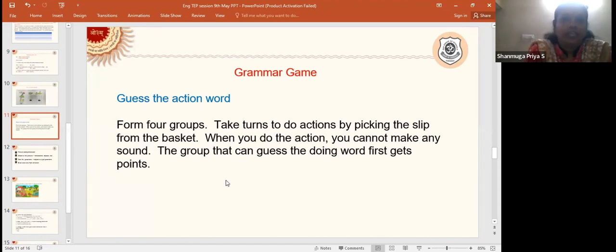This is another game which would be interesting for the children. Hardly, these games will take only 5 minutes maximum. So we can quickly do it, at least thrice a week we can conduct different games and activities like this, to make the session more interesting and interactive.